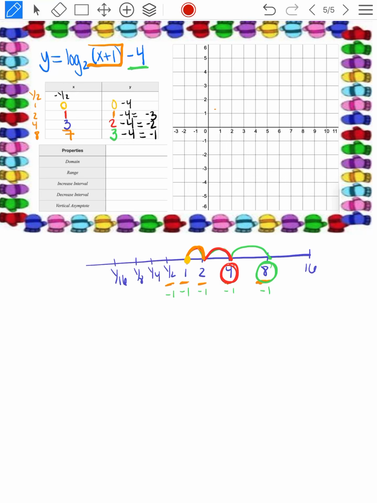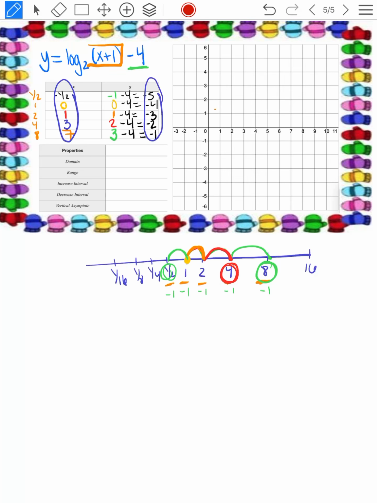And then I'm subtracting 4, which is going to get me to -4. And then last but not least, -1/2 plus 1 gets me to +1/2. That's going to take me 1 jump to the left, but then I'm going to subtract 4 to get me to -5.